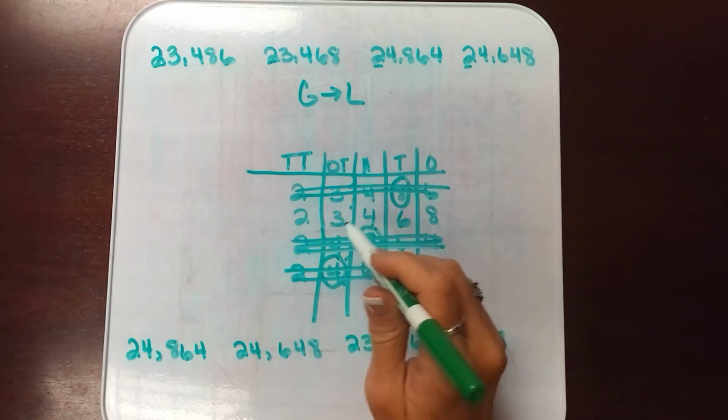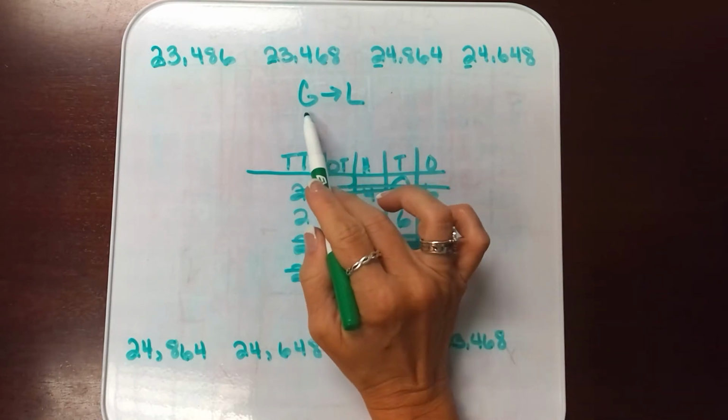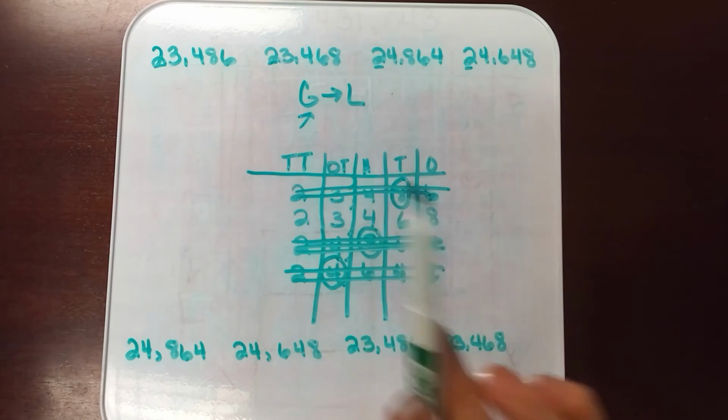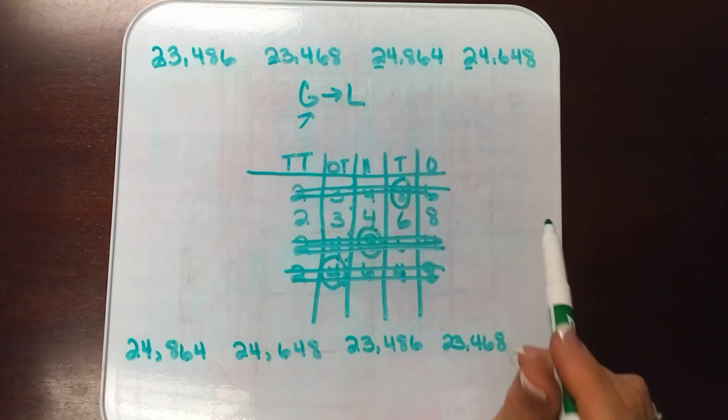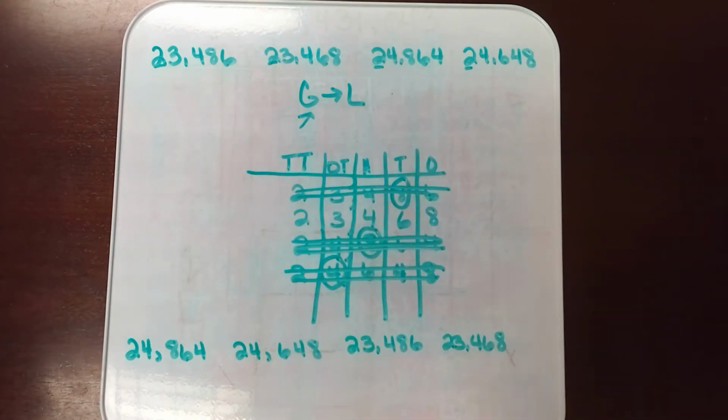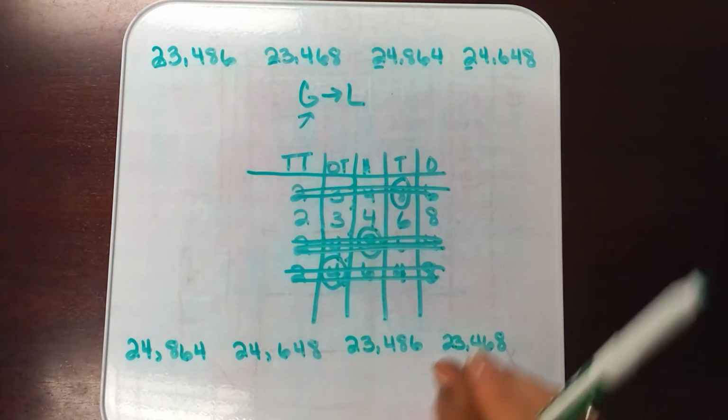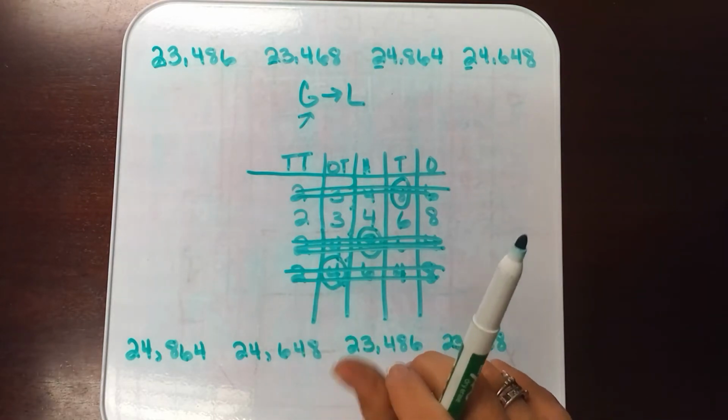Then before I leave the problem, I need to check that I did the right order, greatest to least or least to greatest. This is where kids make the most mistakes. They do the wrong order. So I make them check it.